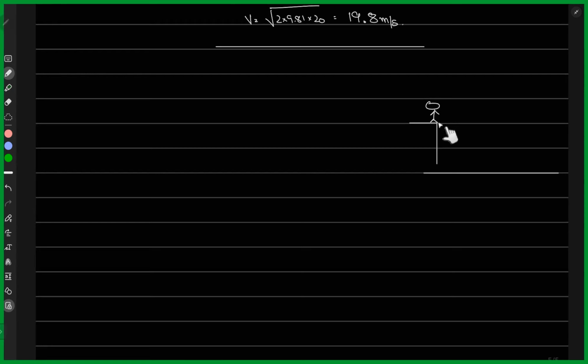So this person might say that this is ground, and so he will say that S over here is 0, or the height over here is 0. But then this person who stands over here will say no, the other person is at some height. Suppose I'll just say S is not equal to 0, as in there is some value for this height, right? So it is completely relative.